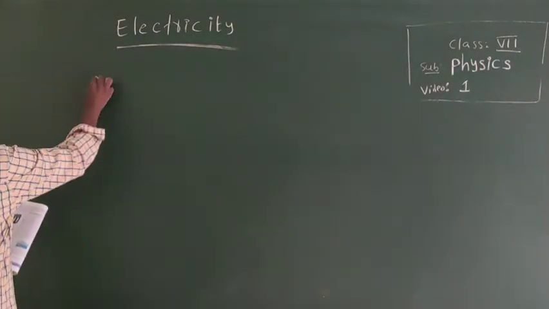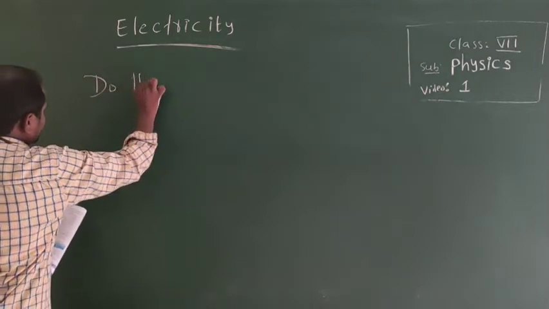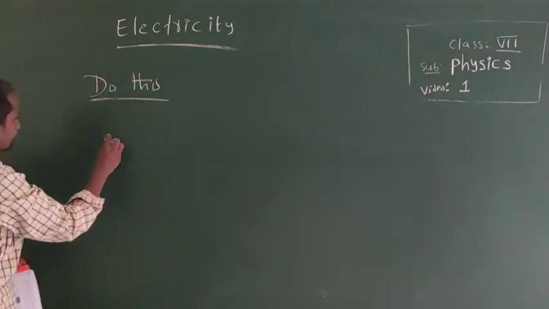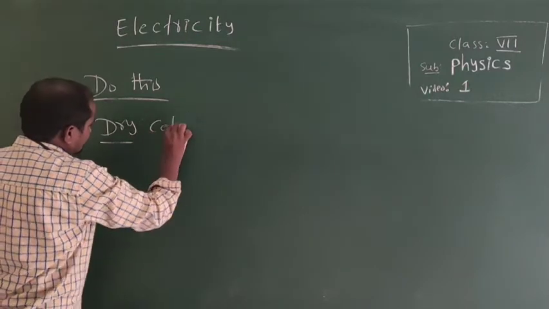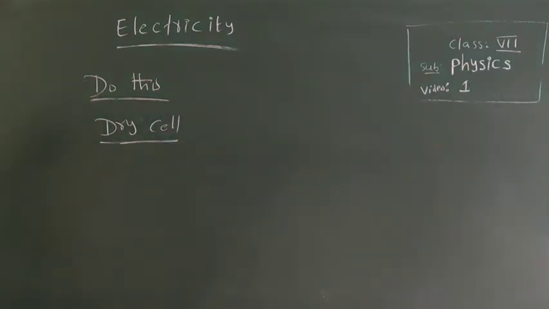One, do this. That is a dry cell. What are the parts of a dry cell? It consists of a container made up of zinc metal. The container also serves as the negative terminal.